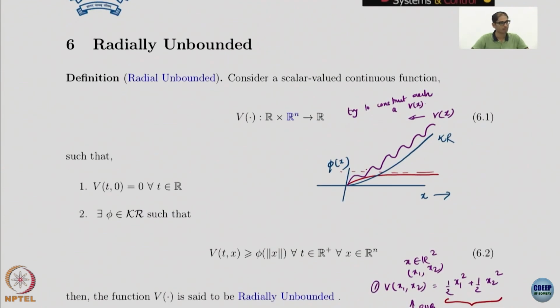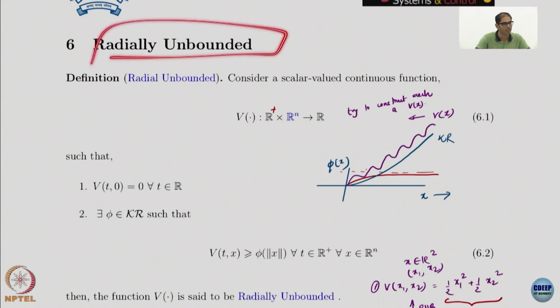The next, more stringent or smaller class of functions is the radially unbounded functions. In this case we can no longer take as argument states in a ball, but it has to take arguments from all of R^n. So no more B_R, ball of radius R and all that, because we are talking about radial unboundedness, which is a global property in some sense.